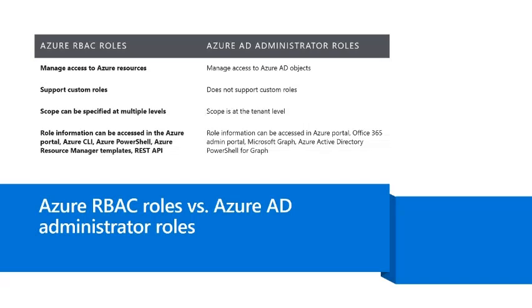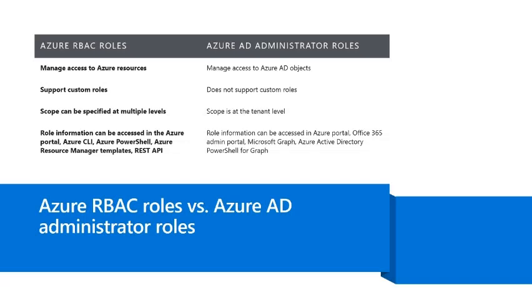Azure RBAC roles versus Azure AD administrator roles. At a high level, Azure RBAC roles control permissions to manage Azure resources, while Azure AD administrator roles control permissions to manage Azure Active Directory resources. Here you see the difference. Azure RBAC roles manage access to Azure resources, whereas Azure AD administrator roles manage access to Azure AD objects.